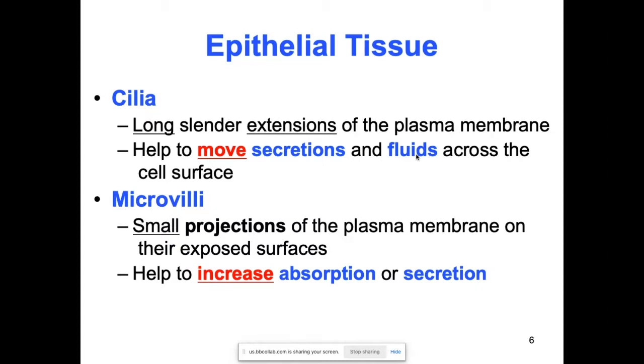It helps to move fluids across the cell surface, and it can even move a cell. The microvilli, on the other hand, are smaller, and these are used more for absorbing nutrients, and for secretion. Okay, so microvilli are located within the intestines. We'll see them there.